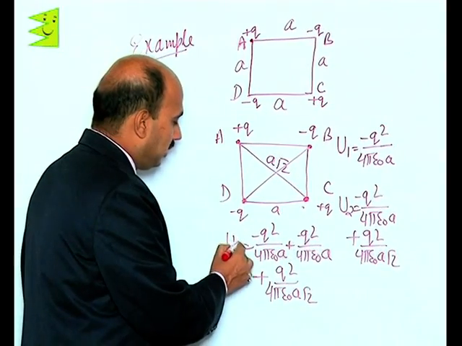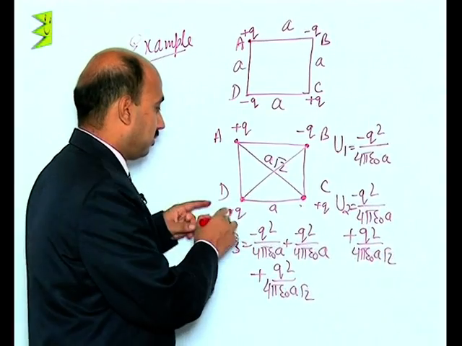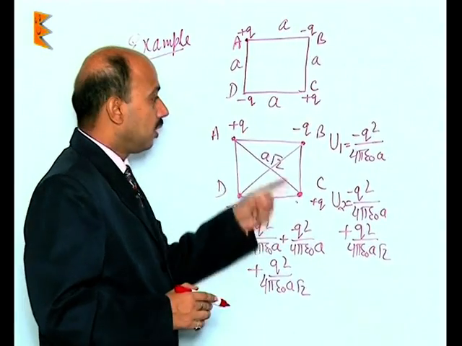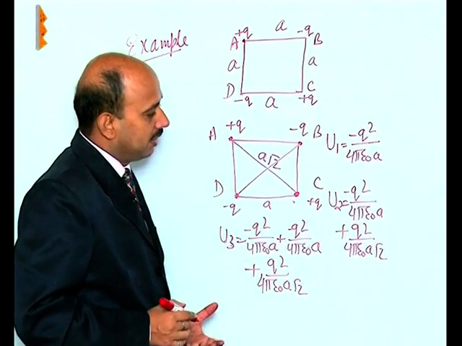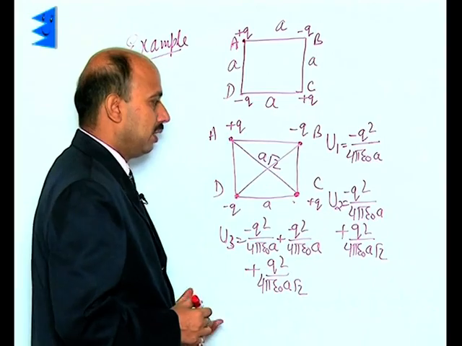So, this U3 is the potential energy of the charge at point D due to the presence of the other 3 charges.